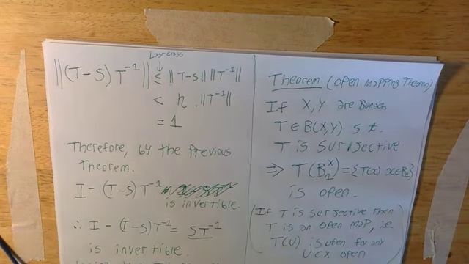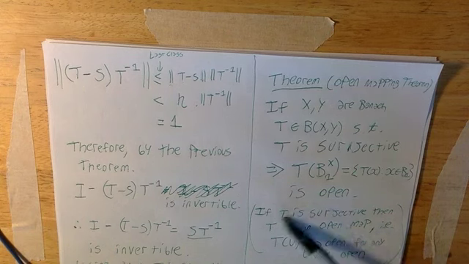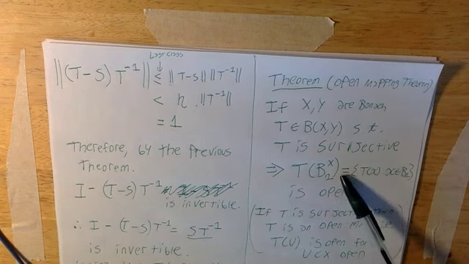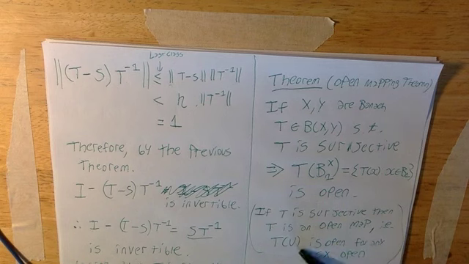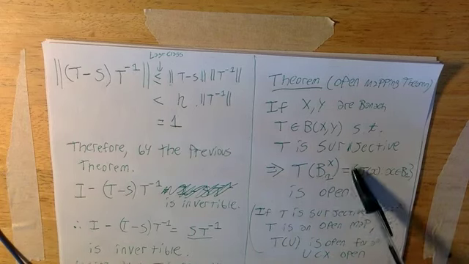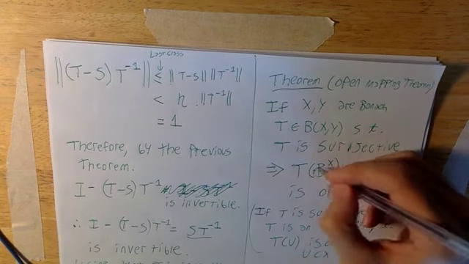Now this is a bit more complicated in the way that we're saying it, but this is equivalent to what I'm saying here. If you take just the unit ball, this being open is equivalent to the image of any U being open, because you can write U as a union of open sets, and the linearity of T makes it so that if this thing is open, then any multiple R times B1 of X is still an open set.